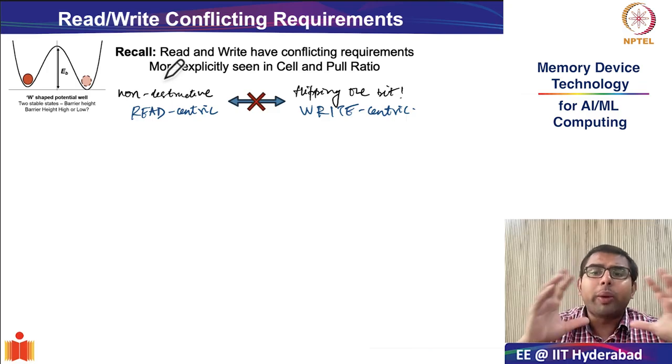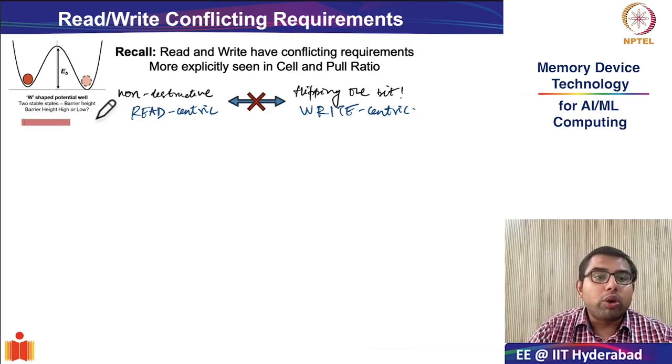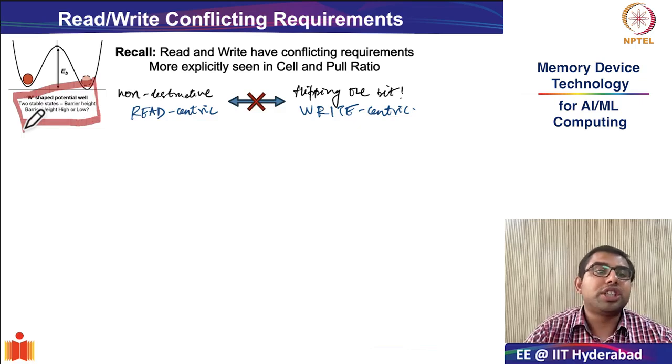Just a quick recap. Whenever we were studying the read, write or hold operations, we were trying to understand the SRAM cell using this intuitive picture of a W-shaped potential barrier.